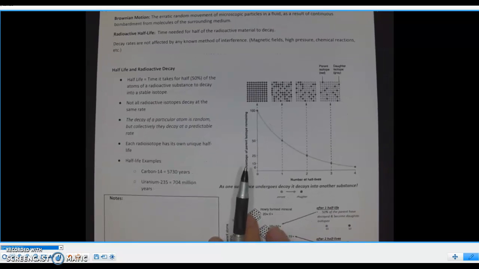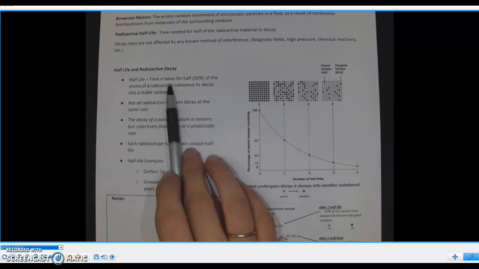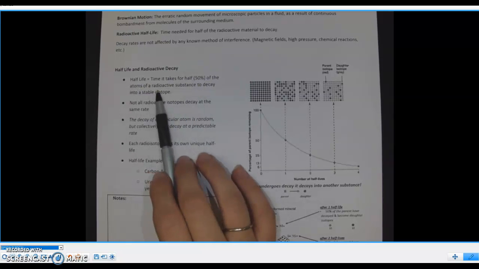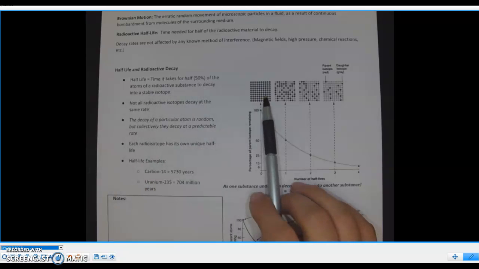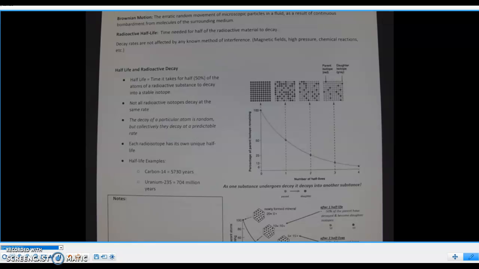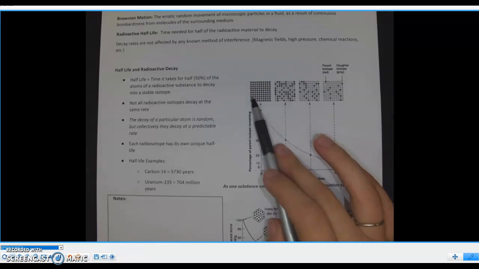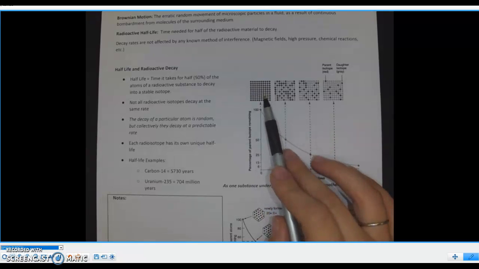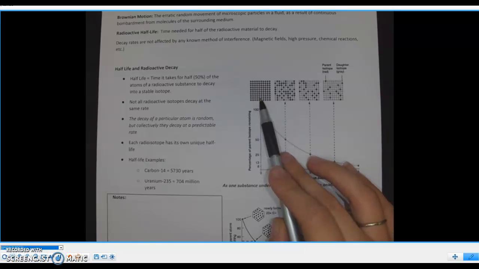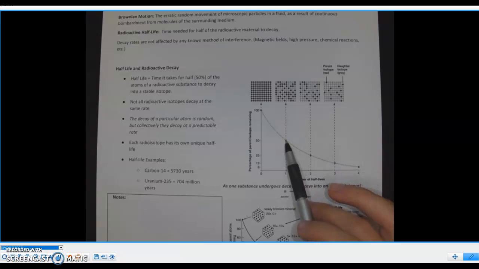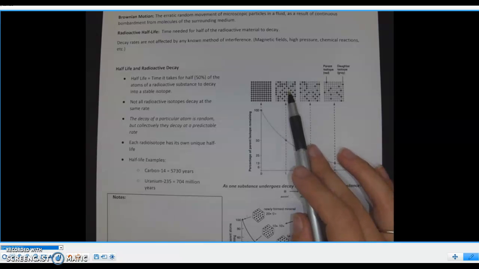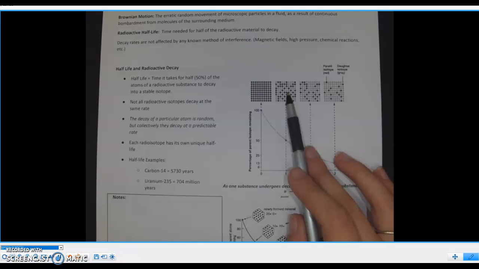Okay. So let's talk about half-life a little bit more. Again, the time it takes for 50% of the atoms of a radioactive substance to decay into a stable isotope. So here at time 0, the whole thing is radioactive isotope atoms, and they're decaying randomly over time, and at some point we're going to get to half as many radioactive materials, and the other half is stable isotope.